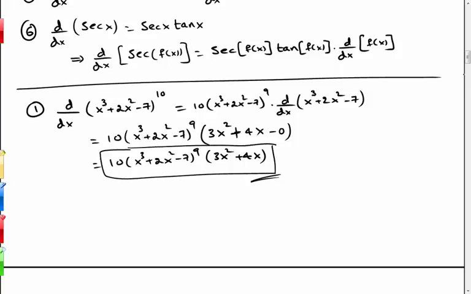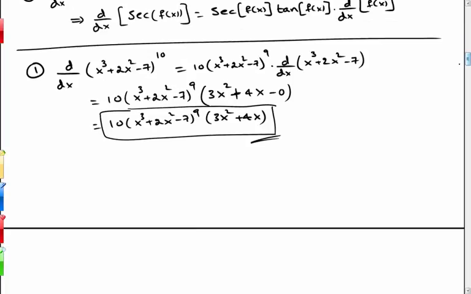Cool. Let's pick another one. Number 2. What's d/dx of e to the x plus sine x plus x squared, the quantity raised to 9.